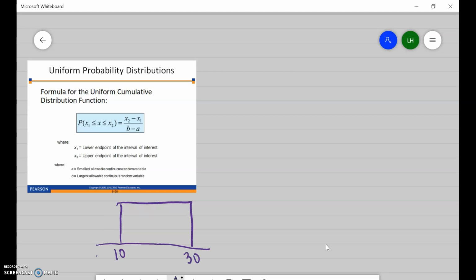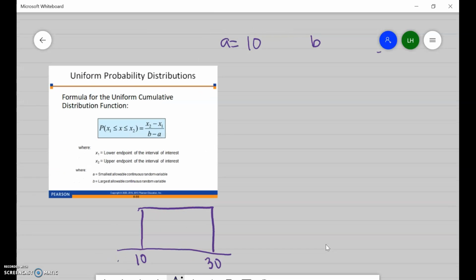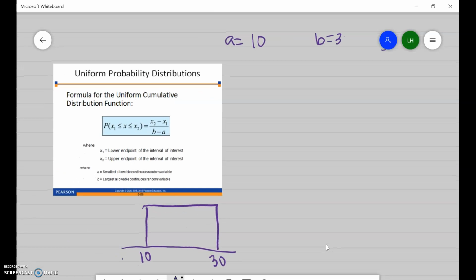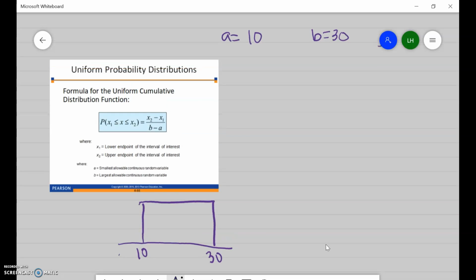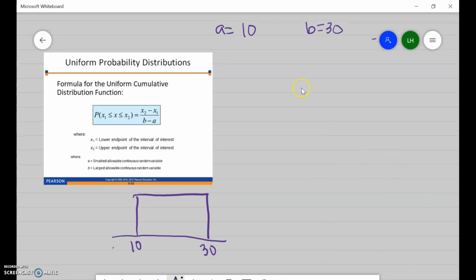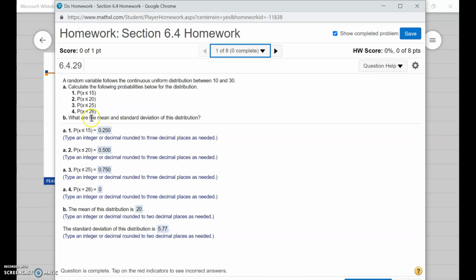So A is my smallest allowable random variable, and B is my largest allowable random variable for this distribution. So A and B are not going to change. They're going to be 10 and 30 in this problem. But first, we're going to look for x less than or equal to 15.